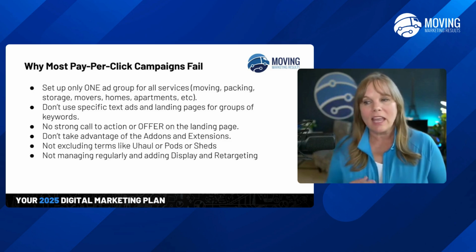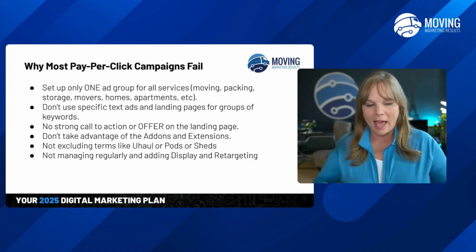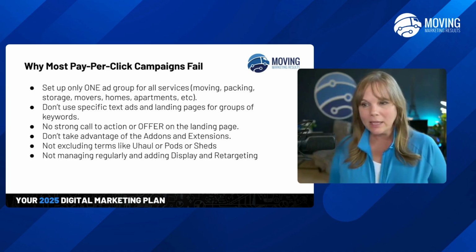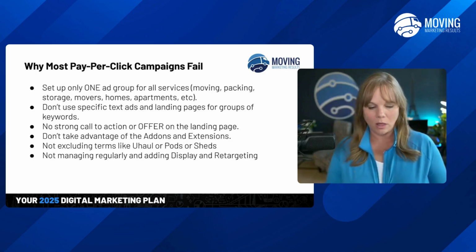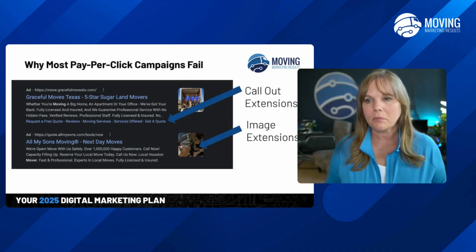Not managing regularly, adding display and retargeting. So always just manage the ads. We should be in there at least weekly, and we're looking at negatives. We're looking at quality scores. We're looking at the ads, the landing pages, and then we'll modify as we go along and create display and retargeting ads.